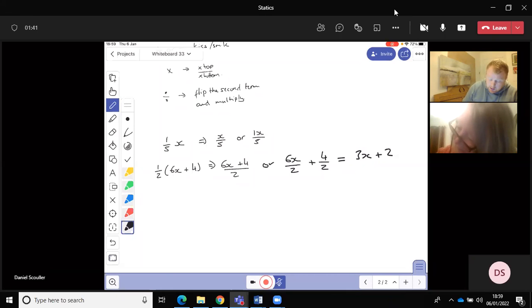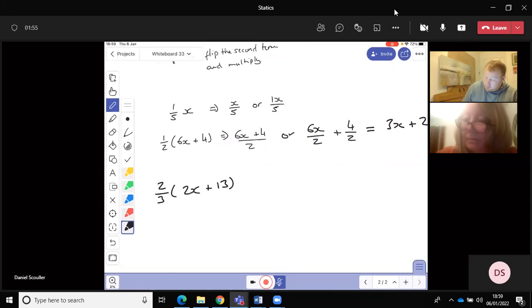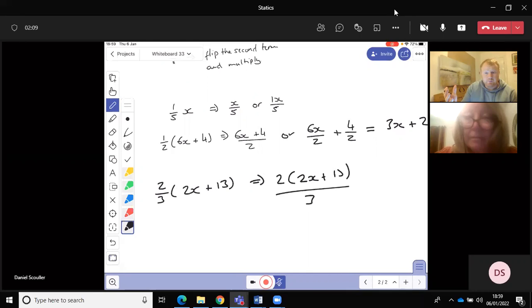Okay, so another wee example of that, if we put a term on the top there, 2x. We could also write that as, and we could even go to the extent of breaking that bracket in the top.